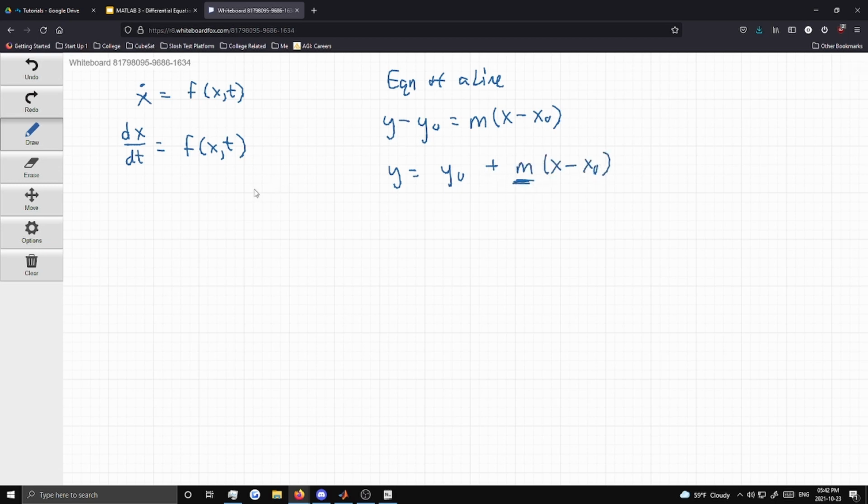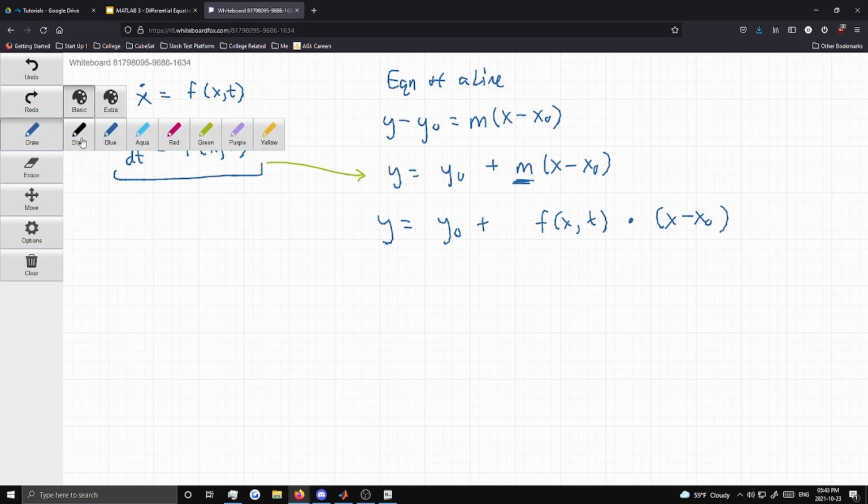Well, m is the slope, and this derivative term is quite literally that. The derivative is quite literally the slope, if you wish to see it as such. So if we apply this formula here, we can see that y is equal to y naught plus f of x, t, this is the m part, and multiply this by x minus x naught. And this is a pretty expected result, right?